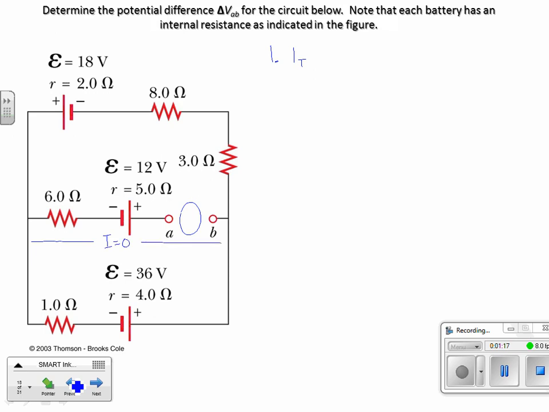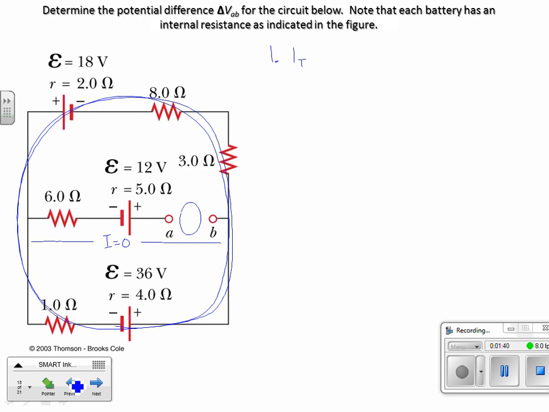And so the only path of current is this one. So in terms of finding current and equivalent resistance, the only batteries and resistors you need to worry about, and currents you need to worry about, are in that outside loop. So that makes this not really a combination circuit. That's one big deal.